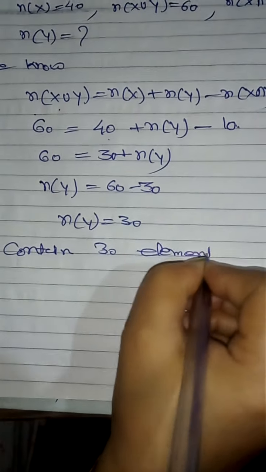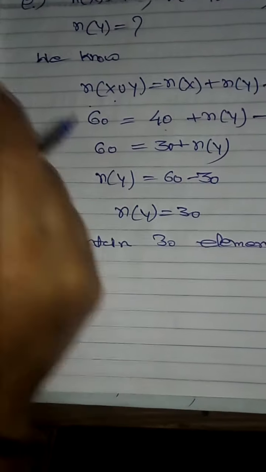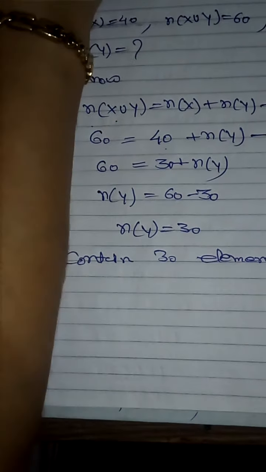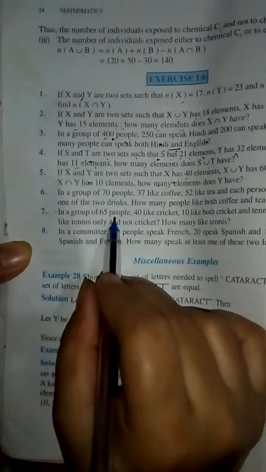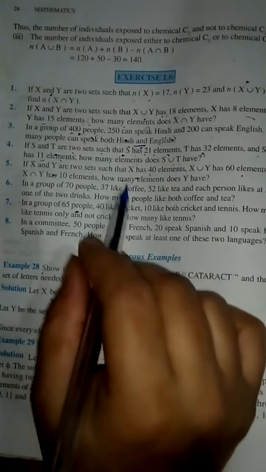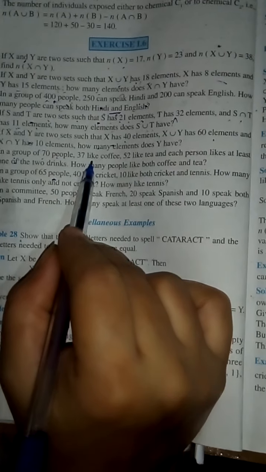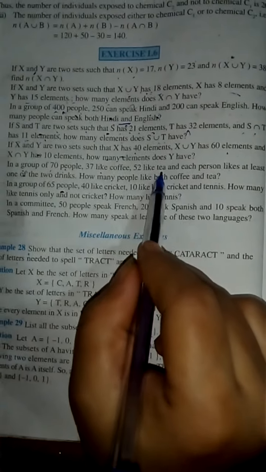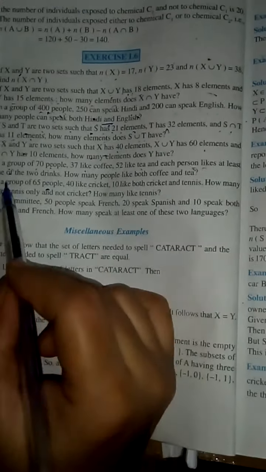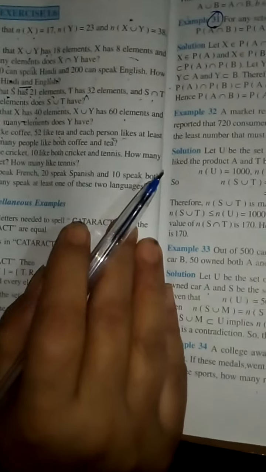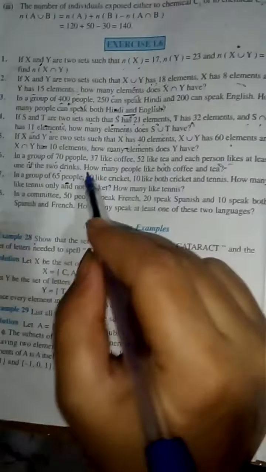Now next question, question number 6. In question number 6, what is given? In a group of 70 people, 37 like coffee, 52 like tea, and each person likes at least one of the two drinks.